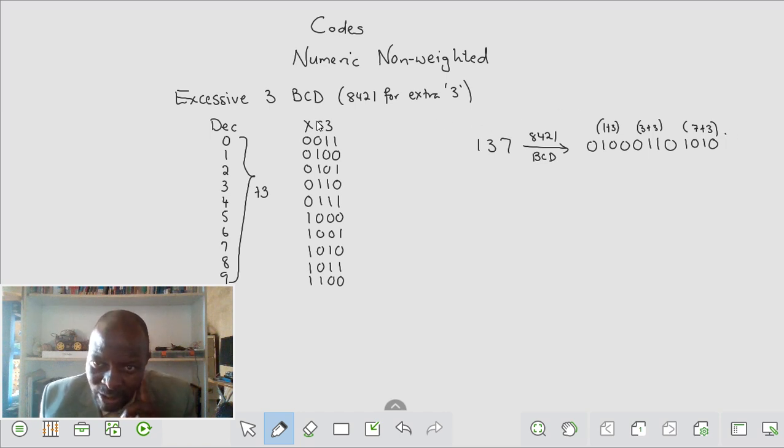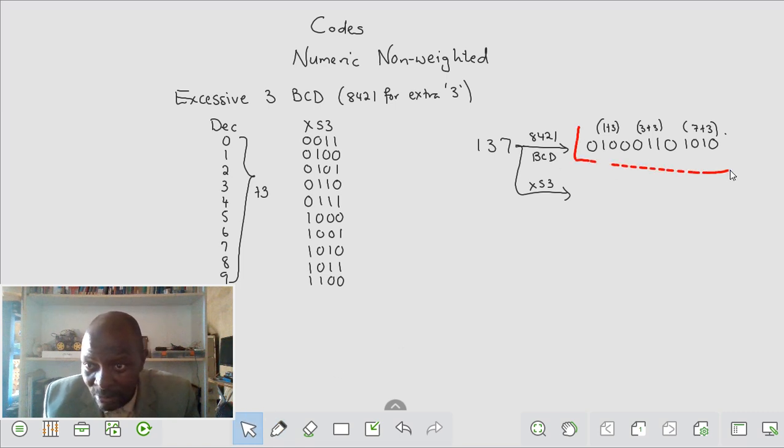I've been working on XS3, so my mind is on XS3. I didn't ask for XS3 here. I asked for 8421. So this is what it would have been as XS3. I got carried away a little bit.